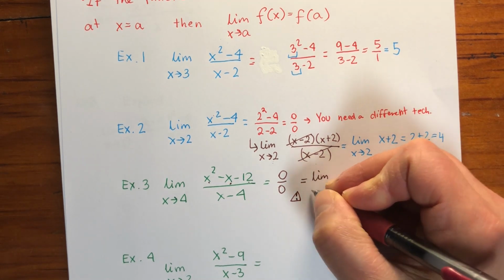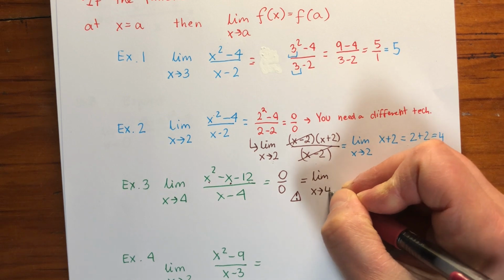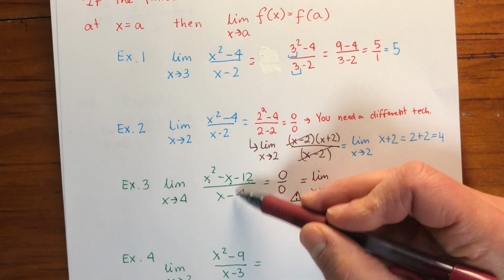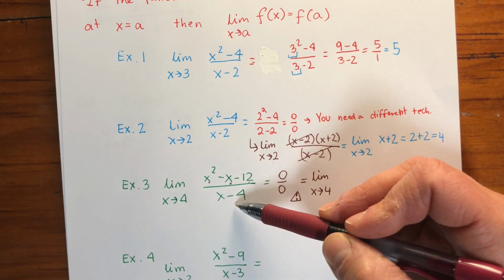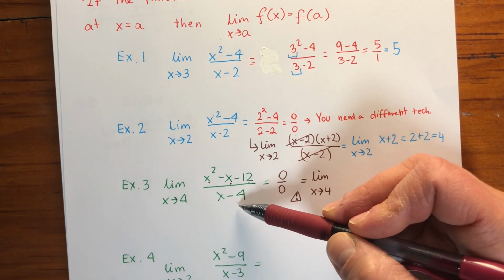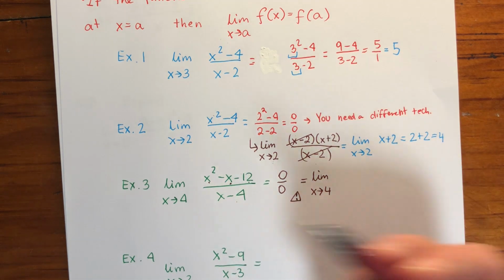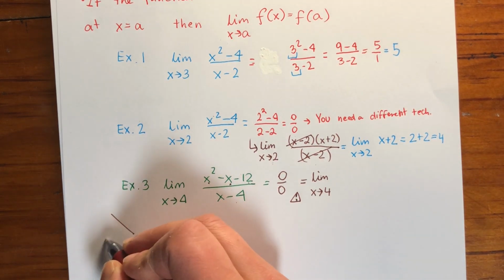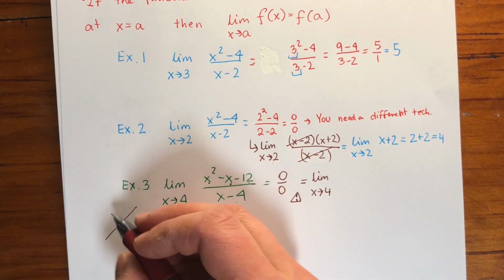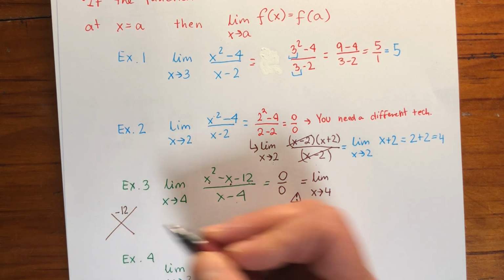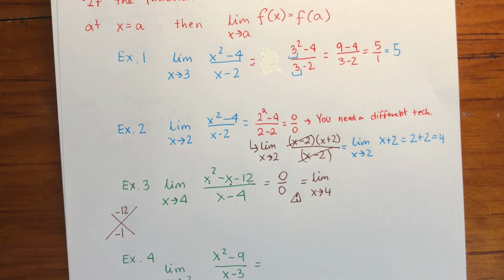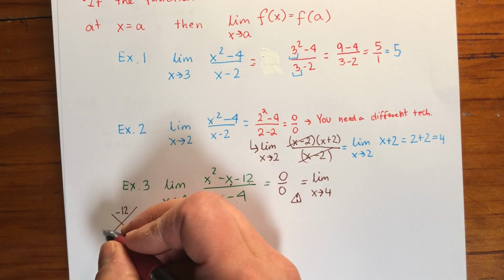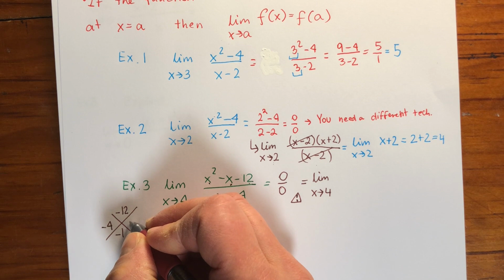So I am going to keep it as a limit as x approaching 4. Notice this is quadratic. I would hope that I can factor this quadratic expression so that one of the terms is going to cancel out with the x minus 4. Well, I am going to use my x method because I like to. I am looking for two numbers that multiply to negative 12 and add up to negative 1. Those two numbers are negative 4 and positive 3.